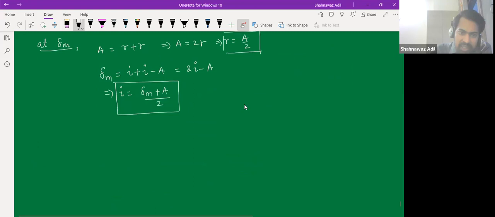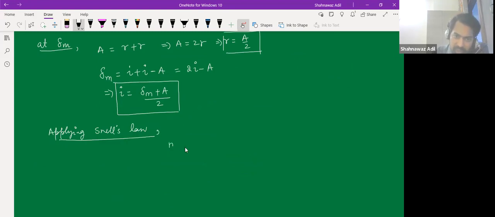So let us write, applying Snell's law, what do we have? We have N air, and this is sin i. Now remember, this sin i is not small because the angle of prism is large. So N air sin i equals N glass and then sine of r.